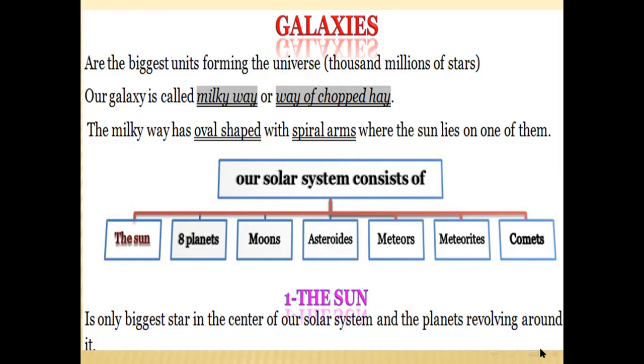It looks bigger than the other stars because it's nearer to us, not because it is bigger than the other stars. That's why it looks bigger than the other stars in the sky. And it is located where? It is located in the center of the solar system and the other celestial bodies revolve around the sun.